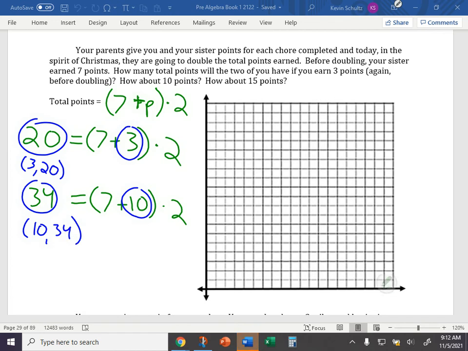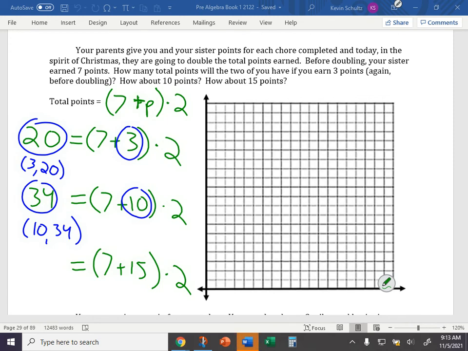Okay? The last one. How many total points if you earned 15? Again, look at what changed. That variable, right? How many total points were earned if you earned 15? Cade?